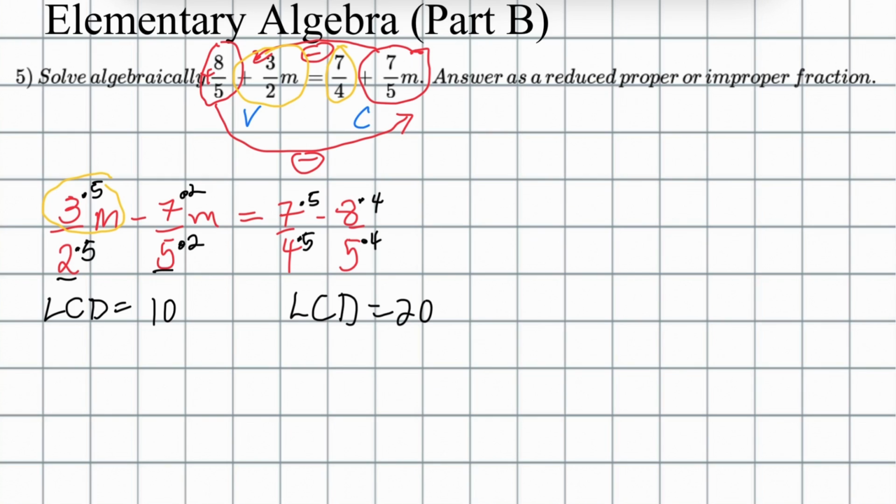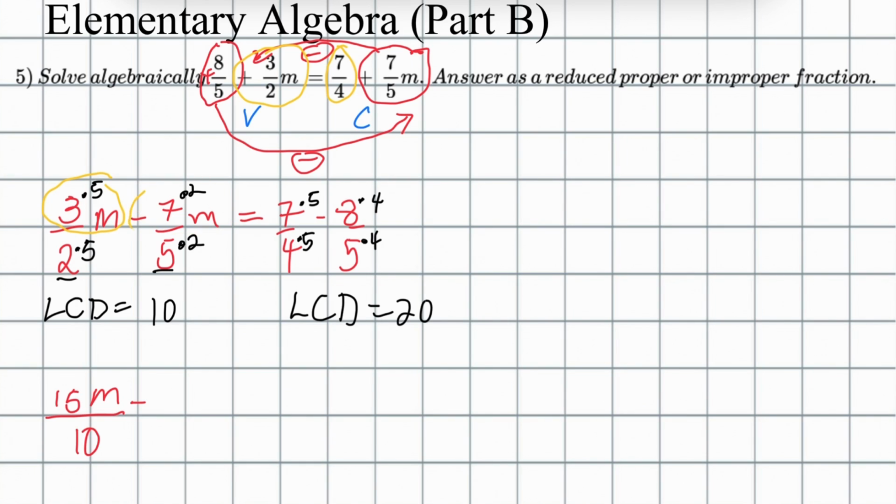including the variable. So when we multiply, we have 3 times 5, which is 15. We have 15m minus, so we keep on the bottom 2 times 5, which is 10, and then we go minus, and we cautiously include the sign value.